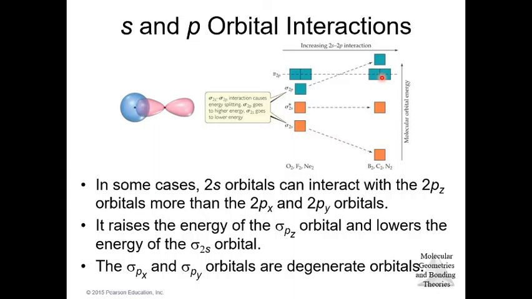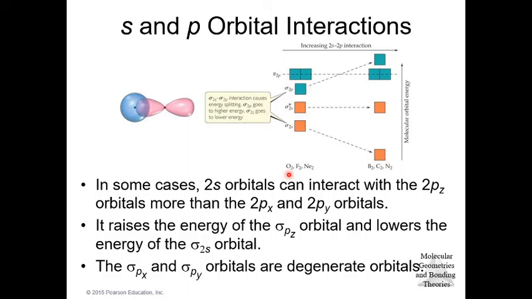And I'll show you here when this happens. If you're on the left side of the p block on the periodic table, so boron, carbon, and nitrogen, you will get this ordering here where the pi orbitals are lower in energy than the sigma from your p electrons.